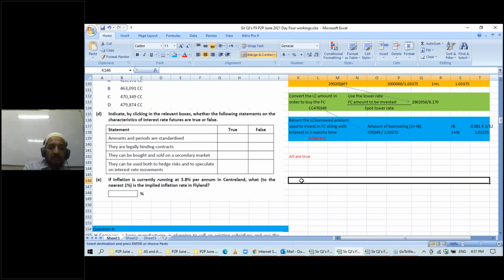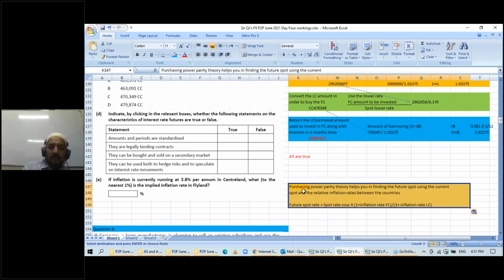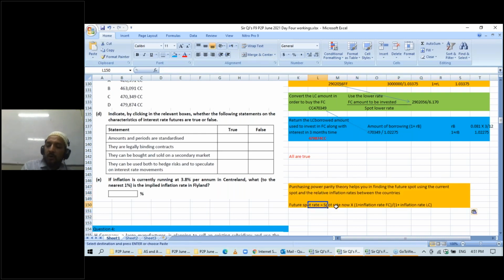The formula is: future spot rate is equal to spot rate now, times these two items over here, which are inflation in foreign currency and inflation rate in local currency in the denominator.